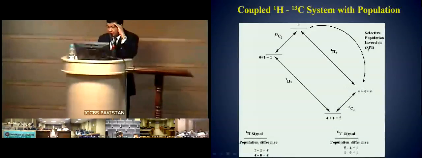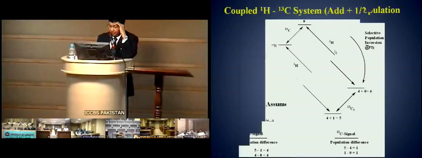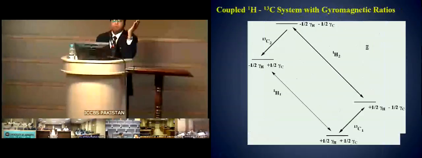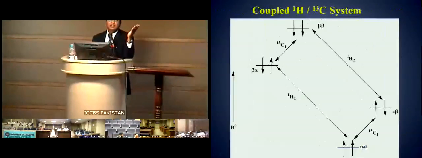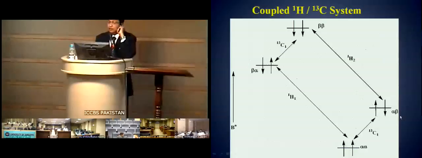I want you to again go through this with me. When you have a CH system, you have 4 energy levels. One is the one in which we have both alpha alpha, the other is beta beta, and the others are alpha beta and beta alpha, right? They are different from each other.